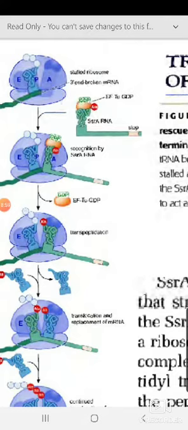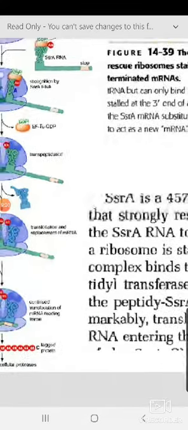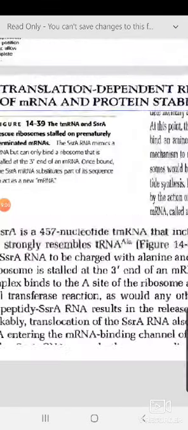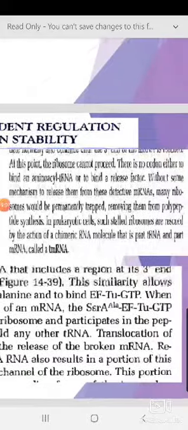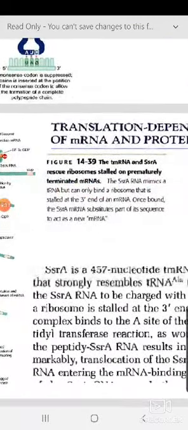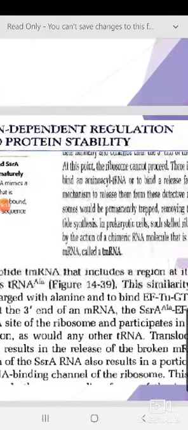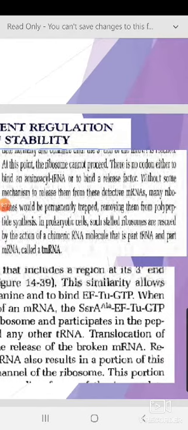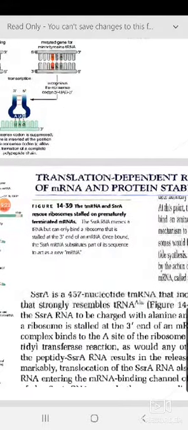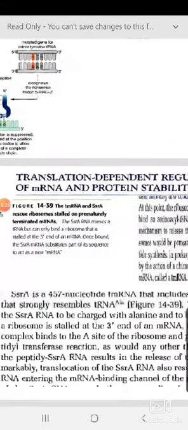So a classical example is SSRA, a 457 nucleotide tmRNA that includes a region at its 3 prime end strongly resembling tRNA alanine. It can bring the EF-Tu GTP, form an SSRA alanine EF-Tu GTP complex, and bind to the A site of the ribosome.